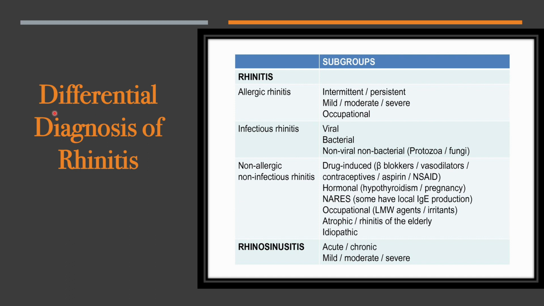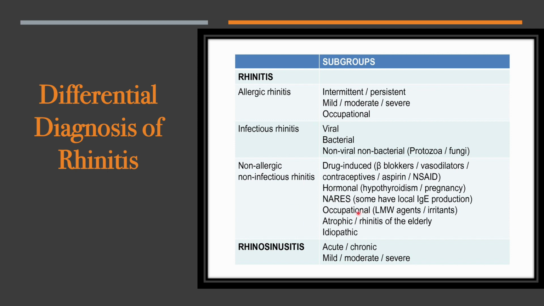Differential diagnosis of rhinitis. This image is more a list of differentials for your reference, so you can also pause the video at this point to review the content of the image. We have allergic rhinitis, infectious rhinitis. The main pathogen is viral. Non-allergic, non-infectious rhinitis is typically common in pregnant women, and it could also be hormonal, like hypothyroidism.